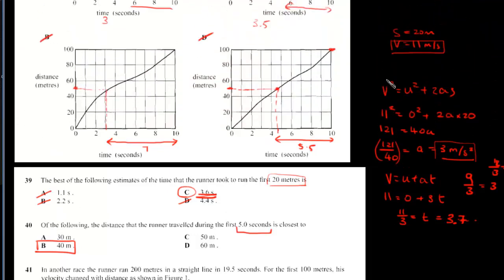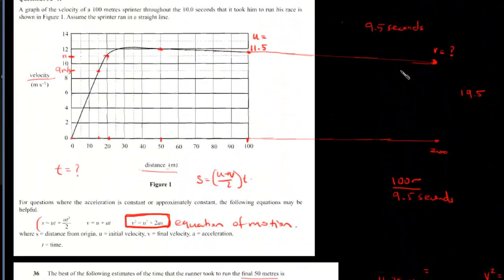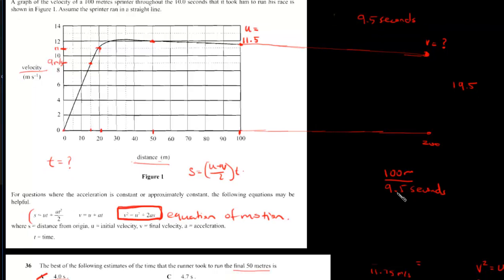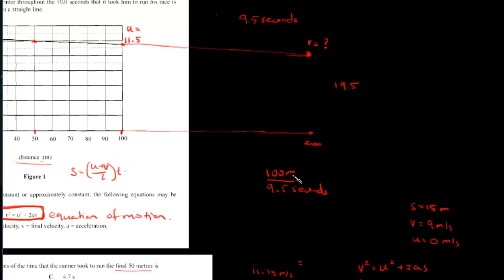Okay. We know the time taken, so 100 meters divided by 9.5, we can think of that as the average velocity. Average velocity is the total change in displacement or distance traveled divided by time. We know that it took 100 meters, 9.5 seconds.